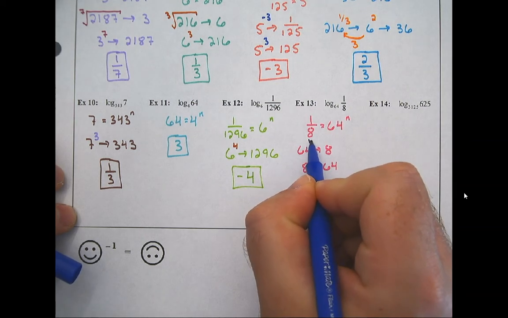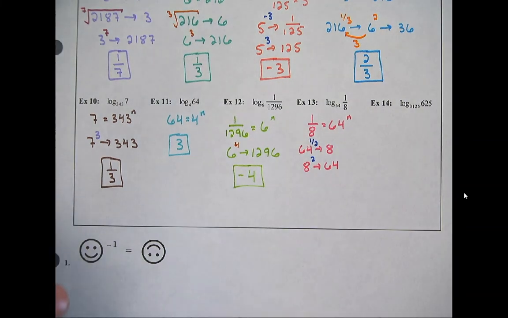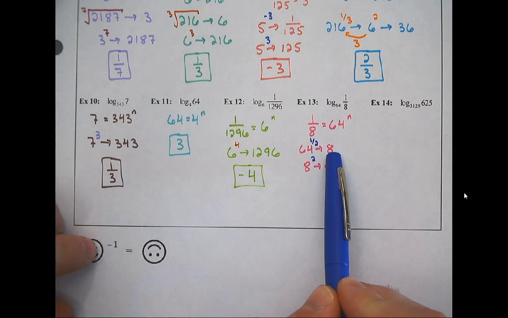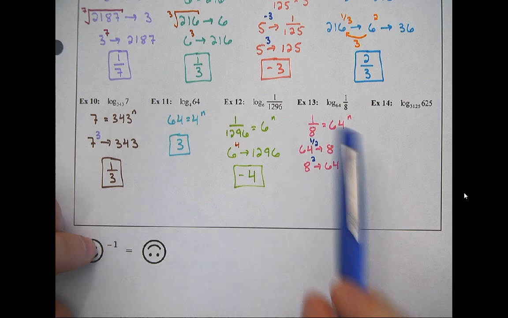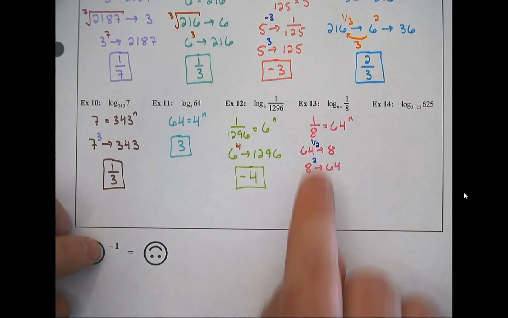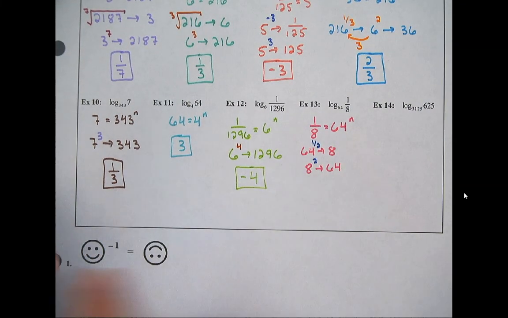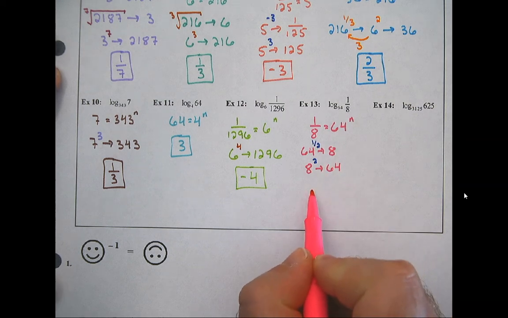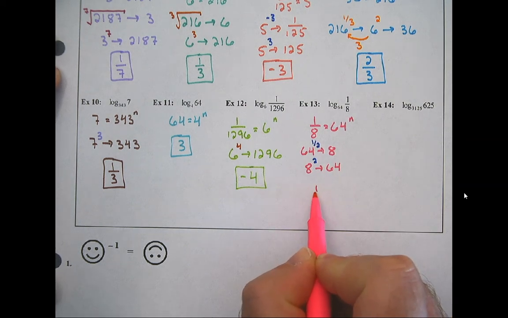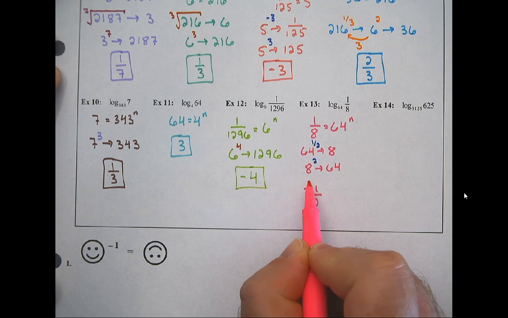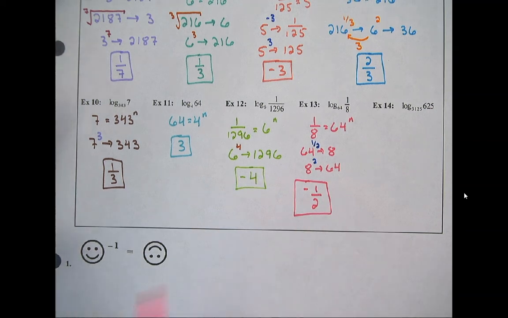So 64 to the 1/2 would be 8. The problem is I don't want this to just be 8. I want it to be 1 over 8. So to the 1/2 would turn the 64 into the 8, but then I want to reciprocal that or flip it over. So not only do I need the 1/2 to make it into a smaller number, I also need the negative to flip it.